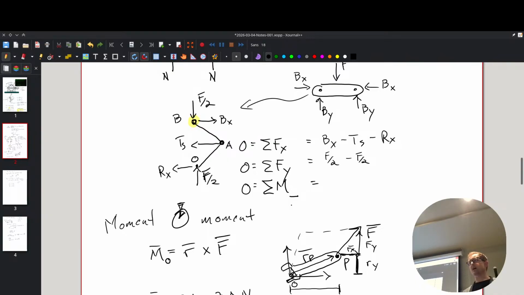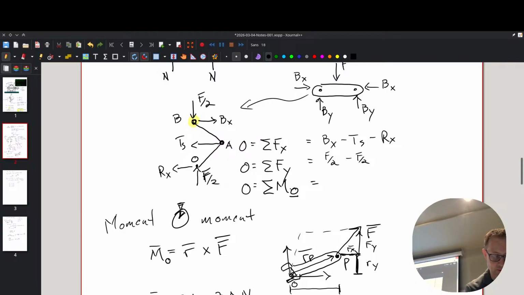So which one do we want to do? I kind of like O, not to say A is not good. A is good because there's some symmetry involved. O I like because there's fewer things with moment applied. So I'm gonna do O, but what we'll see is that we're still getting the same system of equations out of it.